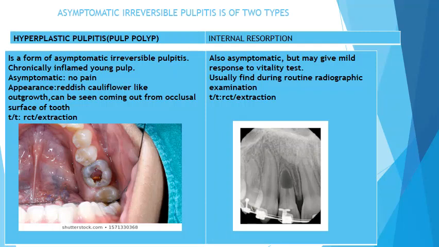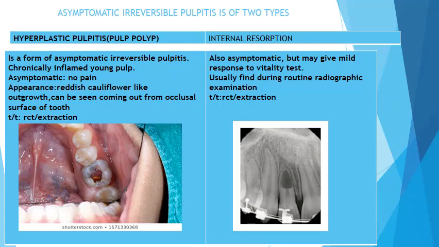Now we'll study a little bit about hyperplastic pulpitis, which is also called pulp polyp. It is a form of asymptomatic irreversible pulpitis. It is because of chronically inflamed young pulp. Asymptomatic means there is no pain. Now, what is the appearance?